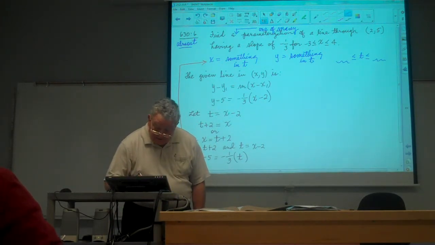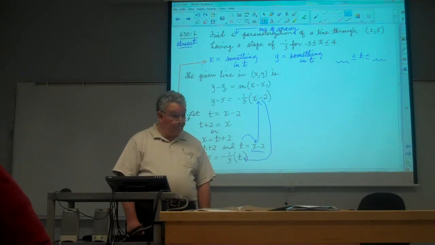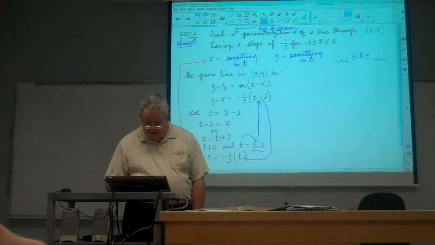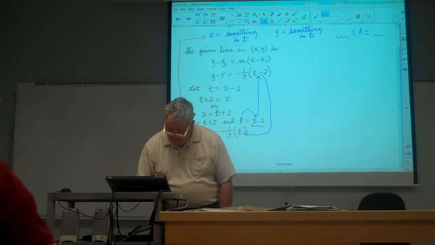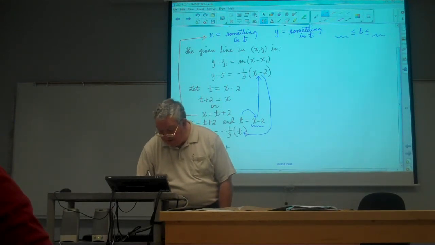I'm going to take this x minus 2, and I'm going to go up to here, and that t is equal to x minus 2, but that x minus 2 is right there, so I'm going to put t where the x minus 2 was. Now you tell me, y is equal to minus t over 3 plus 5.